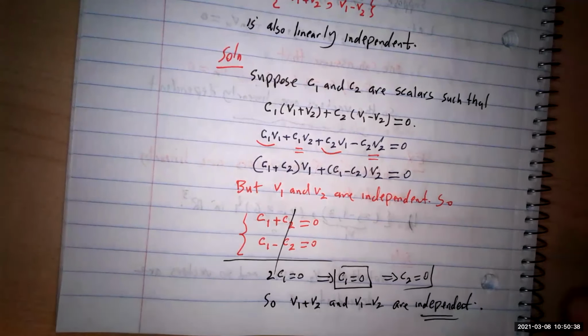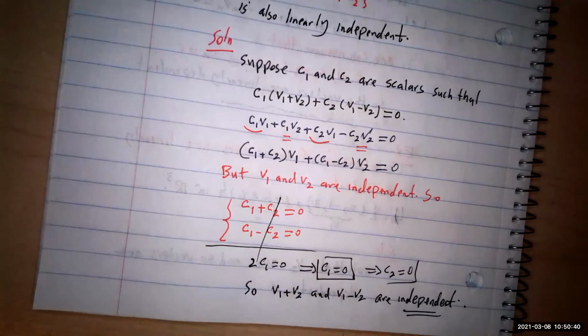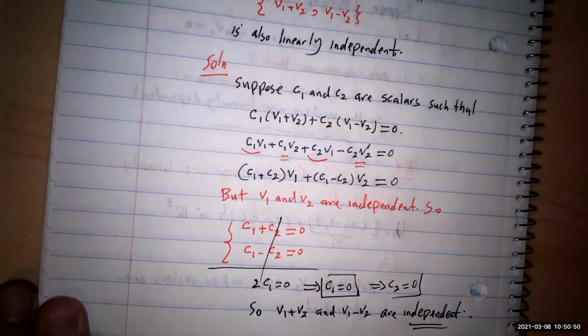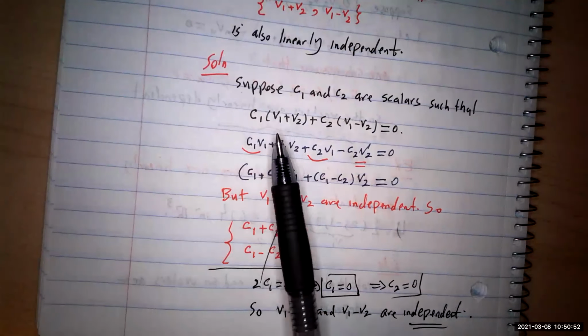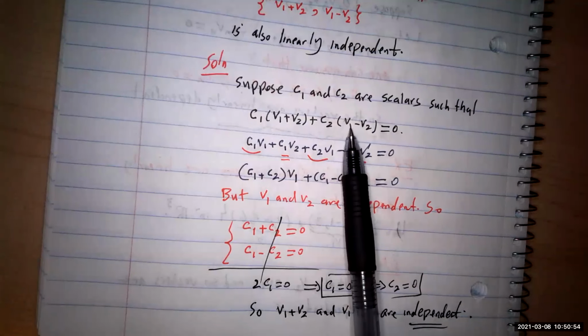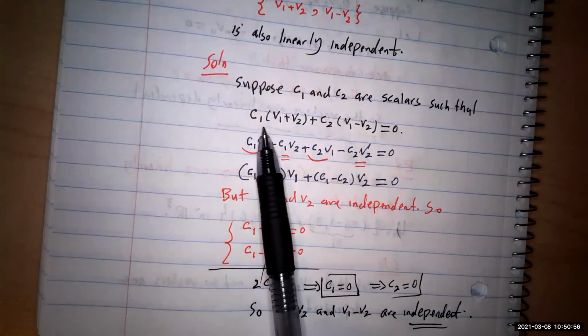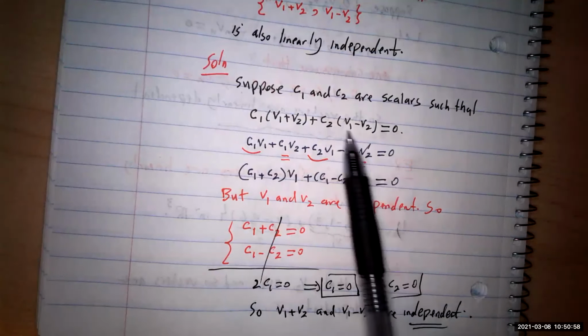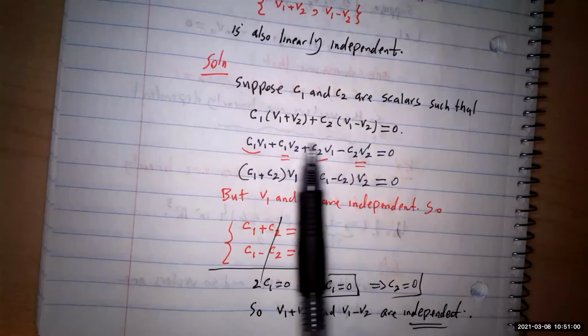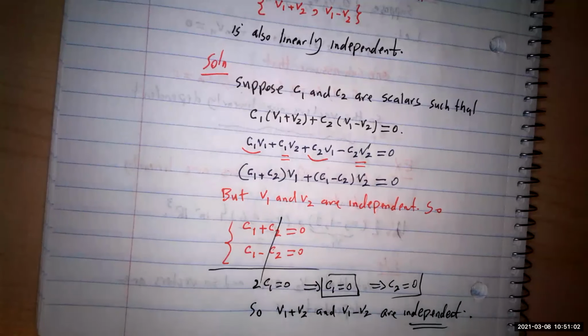The one that you have in your book and your practice one is there are 3 vectors, U, V, and W. It's the same method. Make sure the order of the proof is important. You want to prove these are linearly independent. So you start with a scalar combination of these, then you have to factor it to connect to the original ones, V1 and V2.